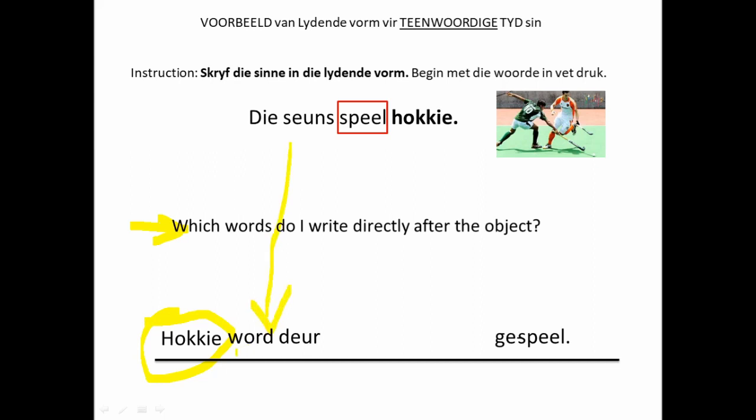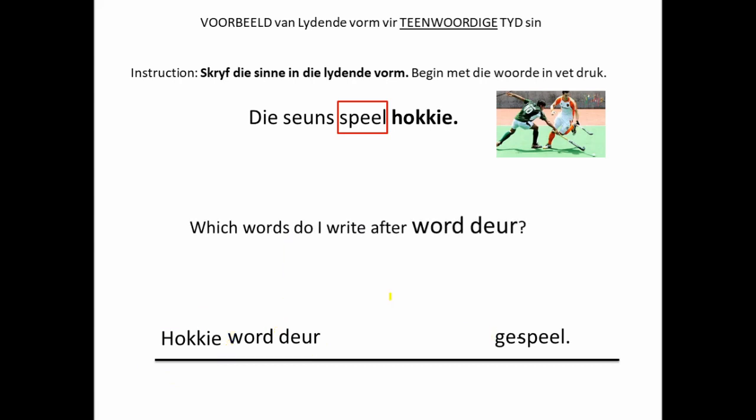So I've written down word deur directly after the object. So hockey, word deur. Now I still need to finish the sentence. Which words do I write after word deur? Die seuns, you are correct, because we are talking about die seuns.